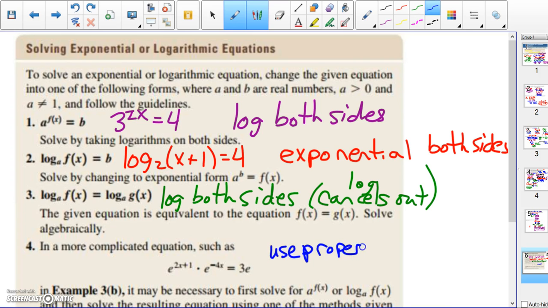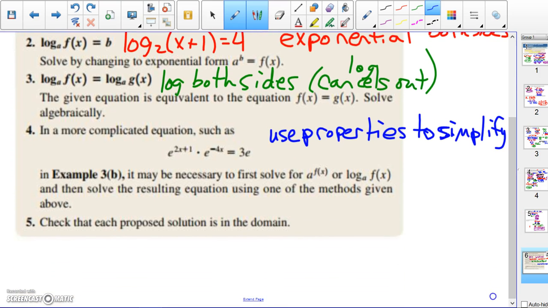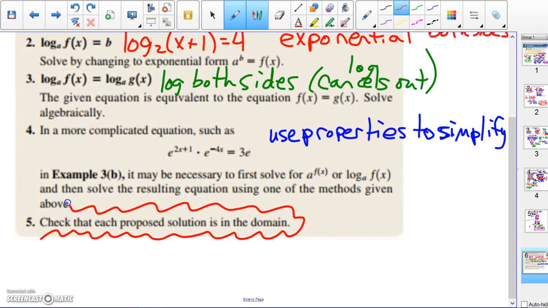Use your properties to simplify. And then number 5, check that each solution is in the domain. All right, you're going to forget that, but you can't. You've got to remember to check the domain.